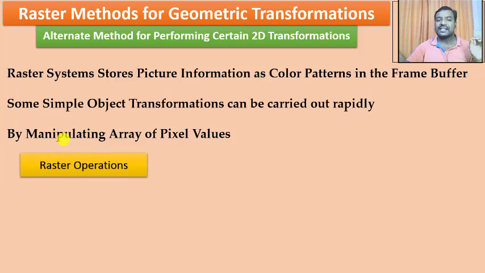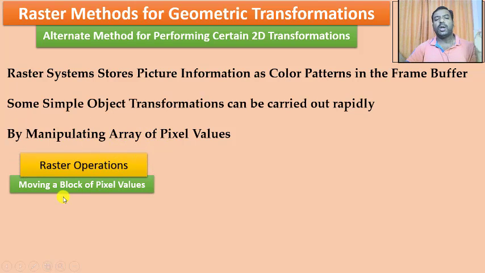We say these are raster operations, and raster operations are all about moving a block of pixel values. When I say frame buffer, it is the whole set of pixels that your entire display is going to show you. The entire information is stored in the form of pixels in the frame buffer.